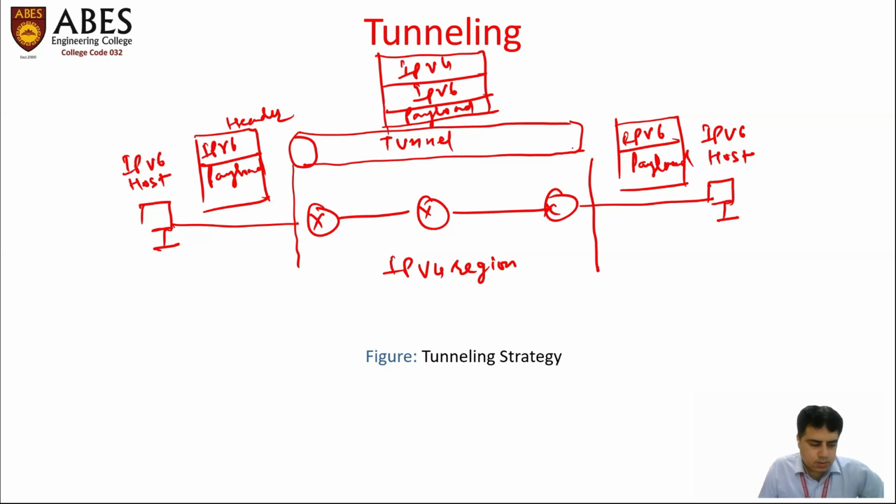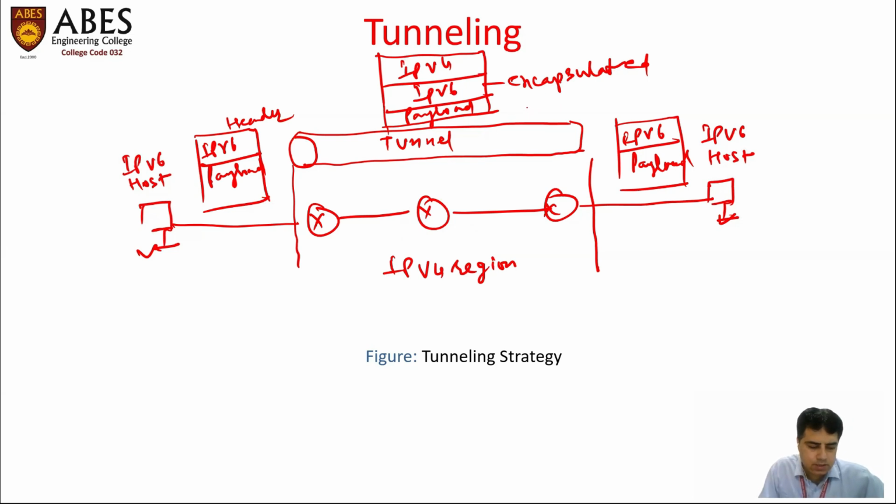Tunneling is the strategy used when two host computers using IPv6 want to communicate with each other and the packet must pass through a region that uses IPv4. So for this, the packet must have an IPv4 address. The IPv6 packet is encapsulated in an IPv4 packet.